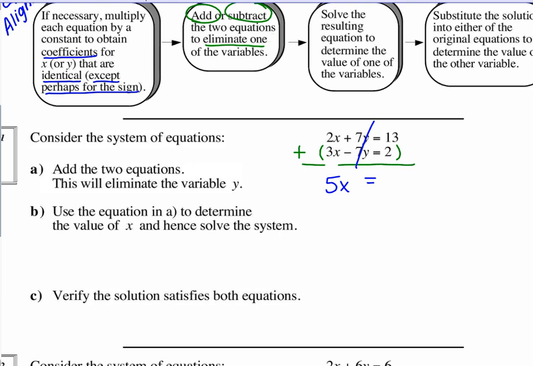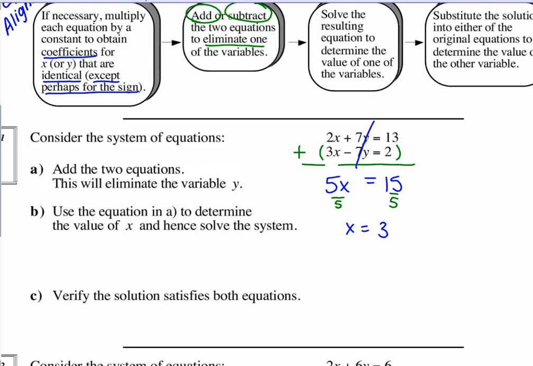Sorry, I have a 3-year-old son, okay? That's what I do all day. 15. And now, just divide by 5. Oh, I like this. Yeah, I know, the first equation. x equals 3. From this point forward, everything will be the same as substitution.